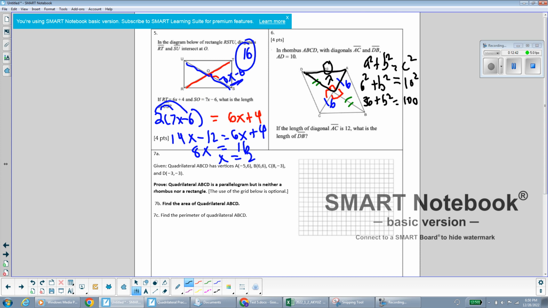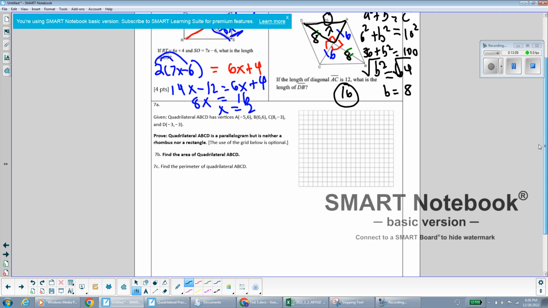And that is 64. So B squared is equal to 64. Taking the square root of both sides, we have B is equal to 8. Now remember that that represents this side of the right triangle, so that's half of the diagonal. So the other half would also be 8, making the whole diagonal 16. So the whole diagonal DB would be 16.